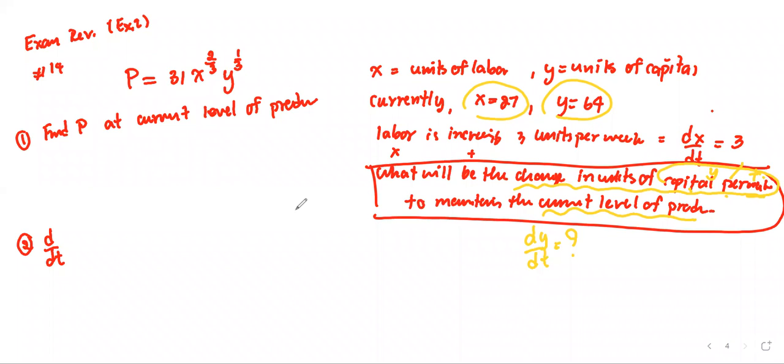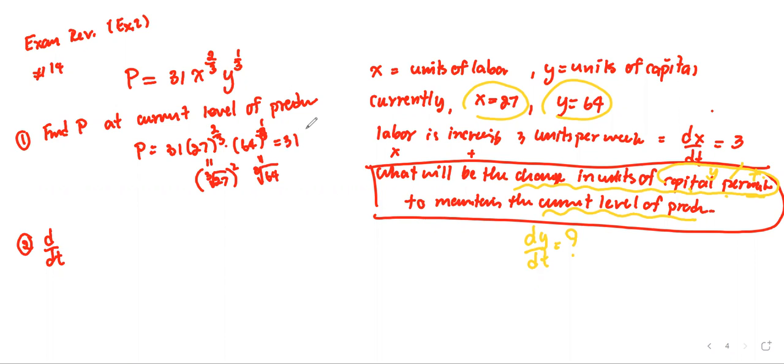For the first step, for the current level of production when x is 27, P equals 31 times 27 to the power 2 over 3 times y, the units of capital, or 64 to the power 1 over 3. Compute this number: 27 to the 2/3 is the cube root of 27 squared, and this one is the cube root of 64.